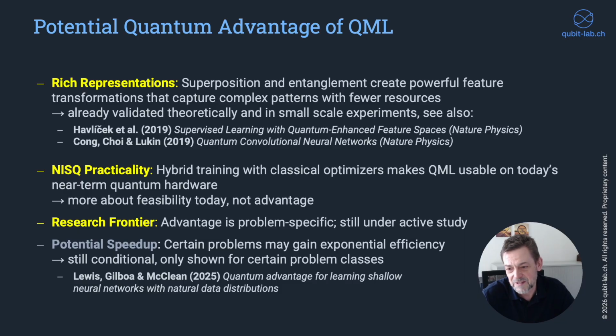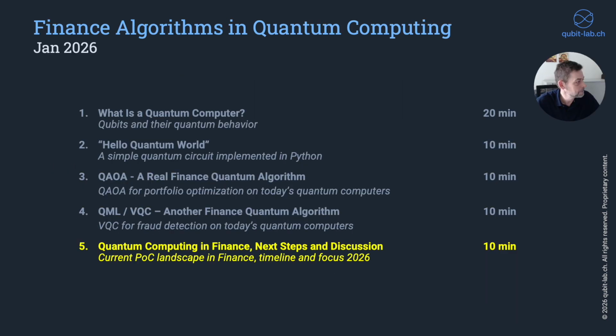If you just double the size of the classical network, a neural network for instance, to do this analysis, then you can take over and outscale the quantum algorithm. So with that, we have also concluded the VQC QML algorithm.